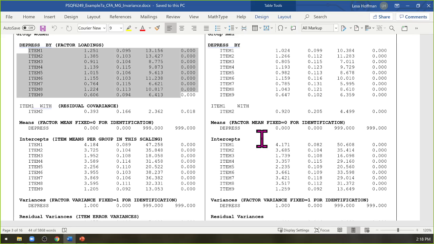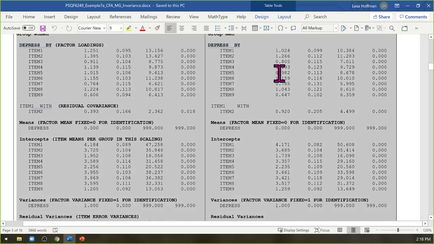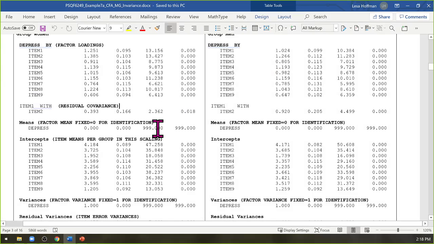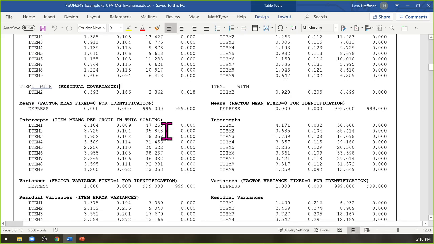So we're going to put the constraints on the unstandardized loadings, on the unstandardized intercepts, on the unstandardized residual variances. So even if we make, say, these sets of loadings the same, the standardized versions of the loadings will still differ. So we're focusing only on the unstandardized solution. Okay, are you ready to do this?